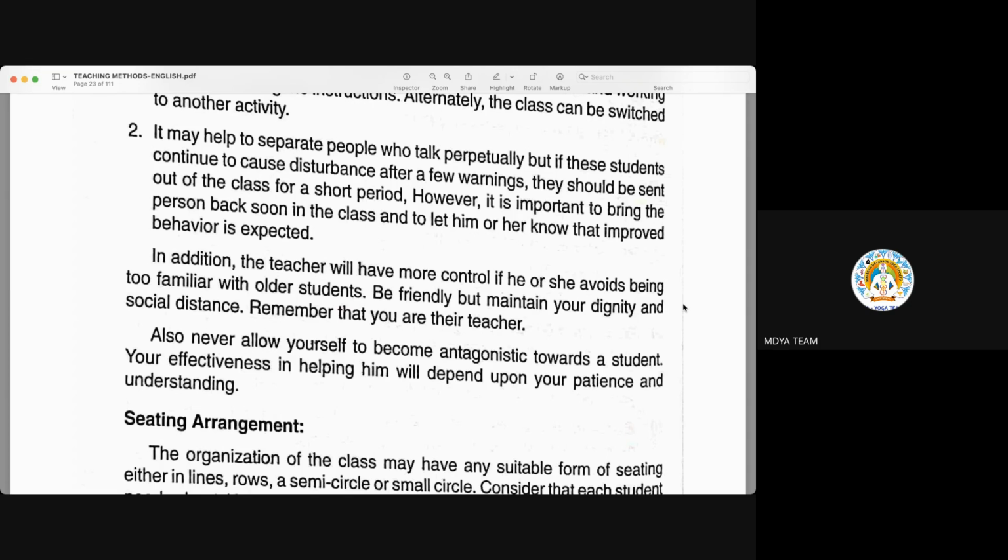So be friendly, but maintain your dignity and social distance, because you are a teacher, you are the leader of the class. You should always keep that in your mind. And also never allow yourself to become antagonistic towards a student.